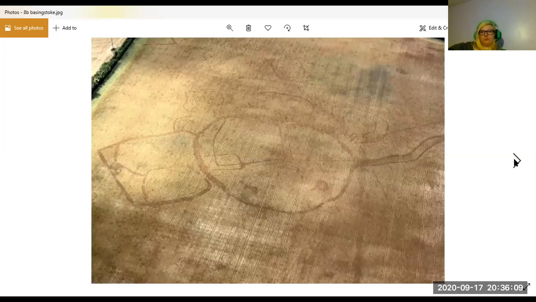And look at this. This is a soil mark at Basingstoke. So they occur on many soil types, but appear most commonly on soils that are very reflective, such as chalk, where the underlying subsoil contrasts enough to be visible when ploughed to the surface.